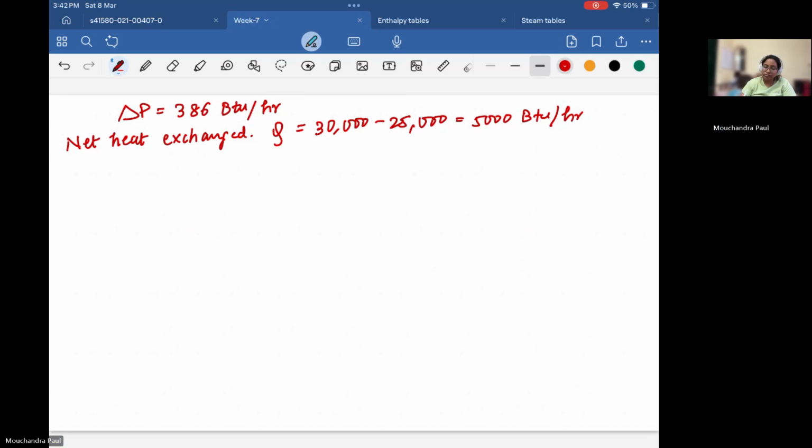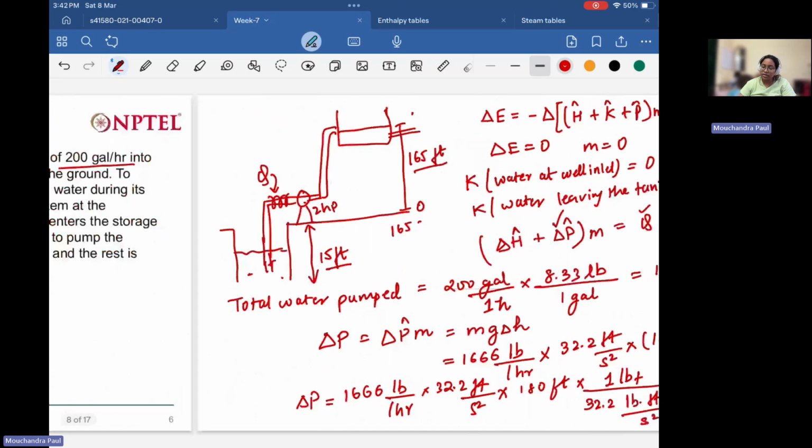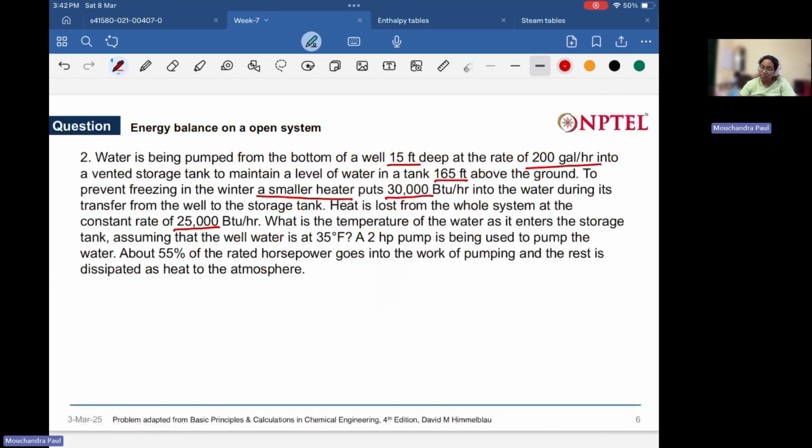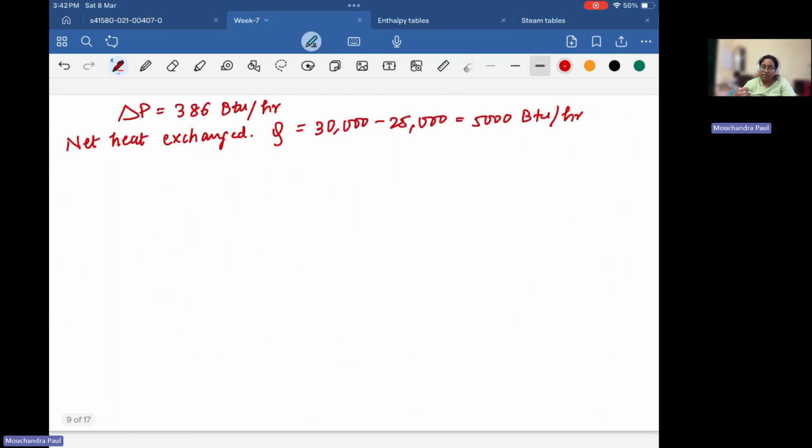Okay. Then some work is done by the pump, that is 2 horsepower, and only 55% of this work goes into pumping. So this much work enters into the water.